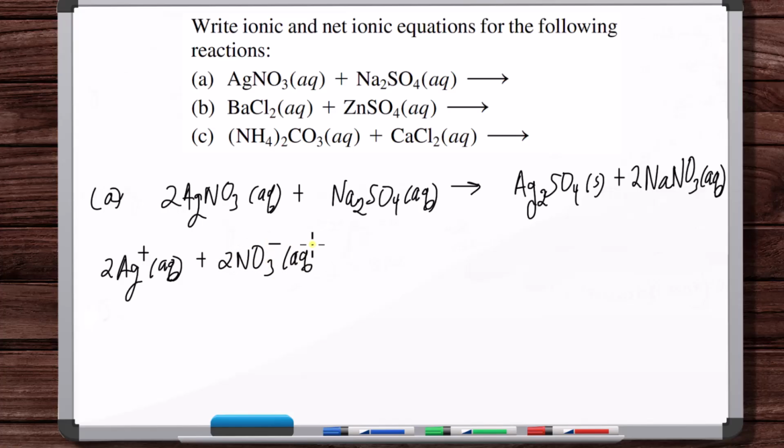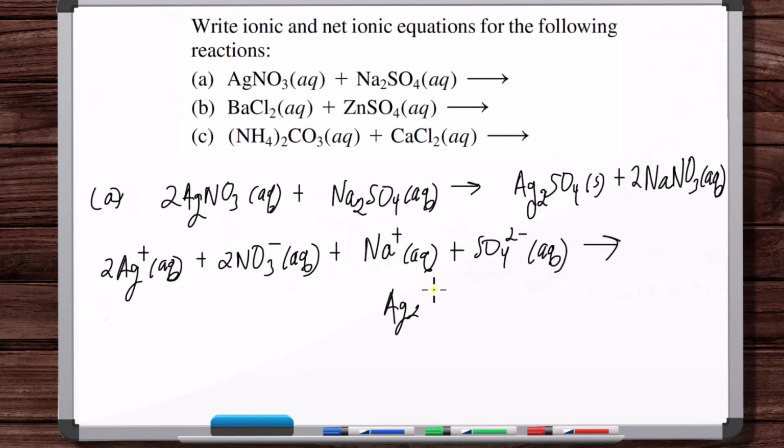Plus, then you've got Na plus aqueous plus SO4 2 minus aqueous. Then you don't break this up, it's solid. Then 2 Na plus aqueous plus 2 NO3 minus aqueous. So there's the ionic equation.